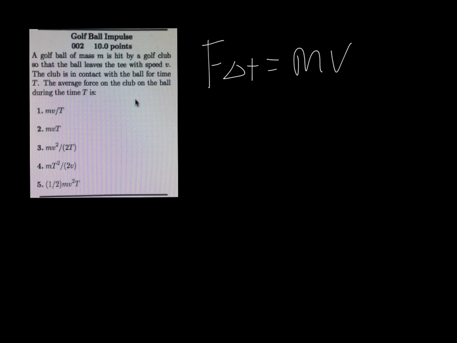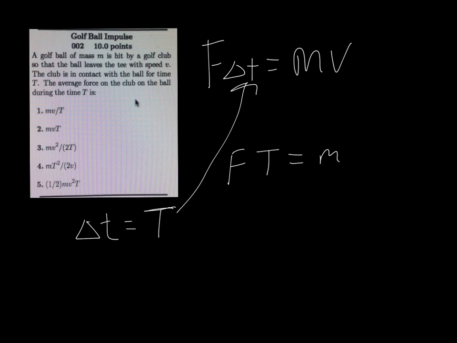To figure out what the force that was applied to that golf ball, we need to use the impulse equation, and so we're going to basically divide by time. They're using a capital T for time instead of delta T, so we can plug that in. So we would have force times time is equal to mass times velocity. If we want to solve for the force, then we're going to divide by time.